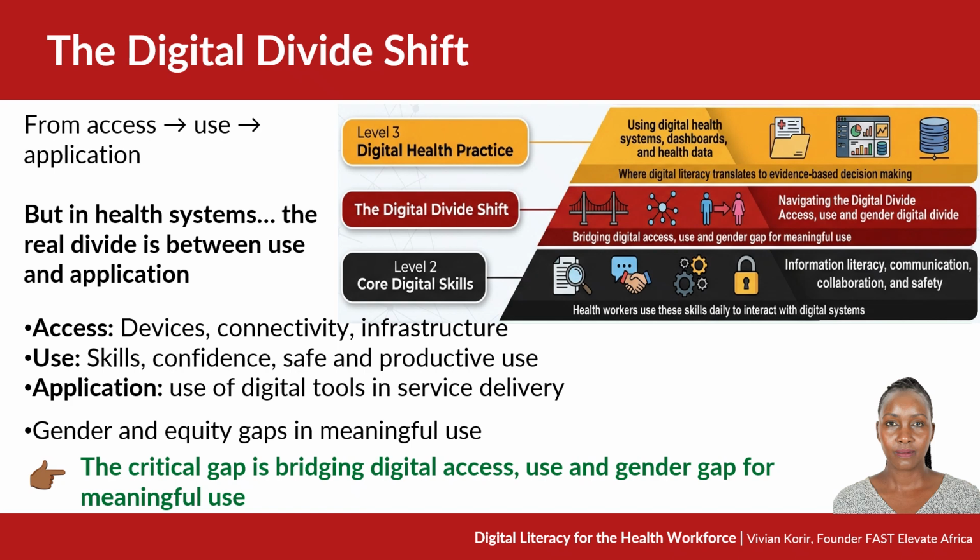Use refers to skills, confidence, and the ability to engage safely and productively with digital tools. And application is where these tools are used to deliver real health services in practice. But in health systems, and specifically digital health, the most important divide is not just between access and use. It's between use and application.